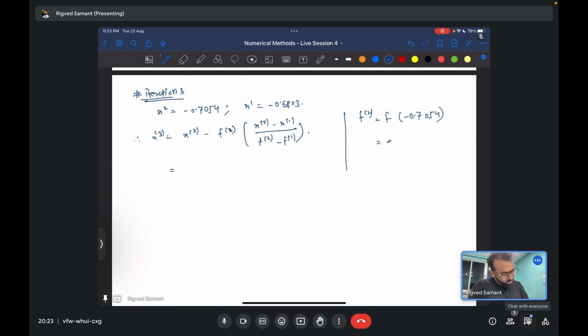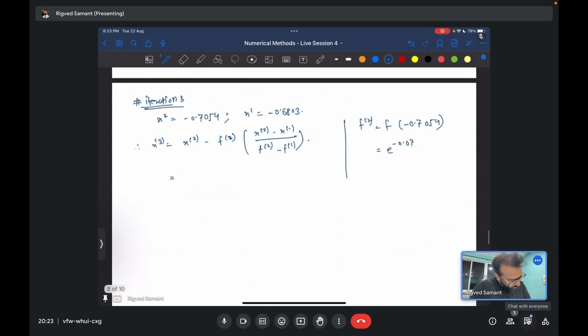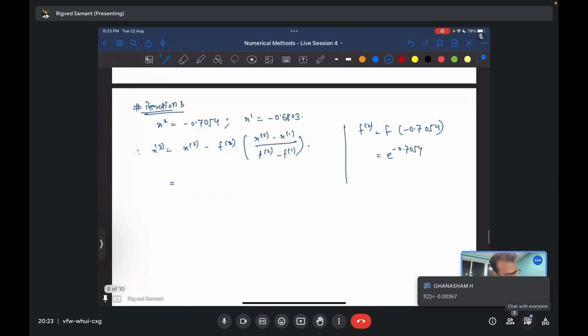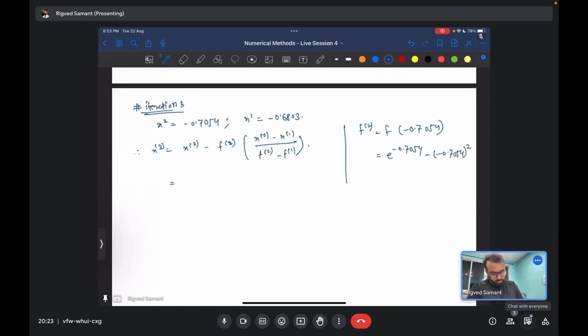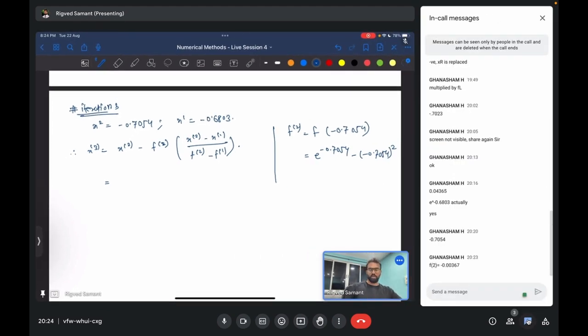Okay, so e raised to minus 0.7054, minus 0.7054 square. Yeah, correct.